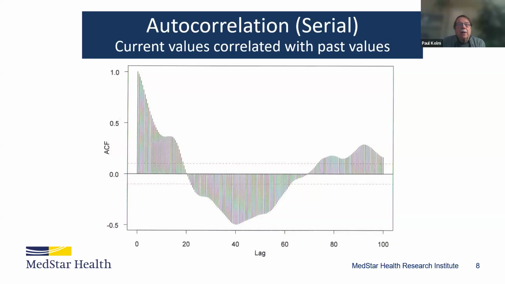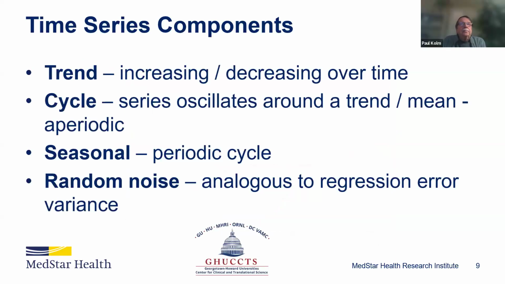Further out in time, they're less highly correlated. So we can look at different components of a time series. We can look at trends, whether it's increasing or decreasing over time.